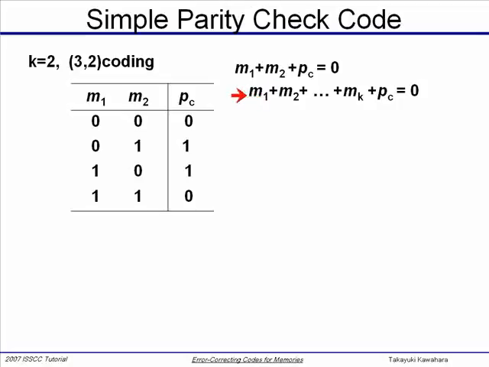So I write it down in general form. Again, we write this with the matrix: (M1, M2, PC) times the transpose of (1 1 1) equals 0.